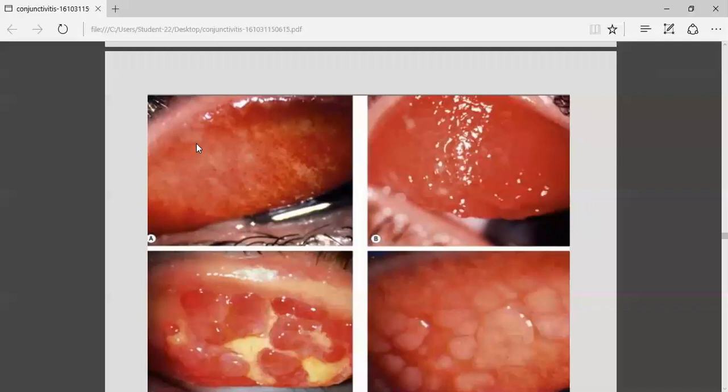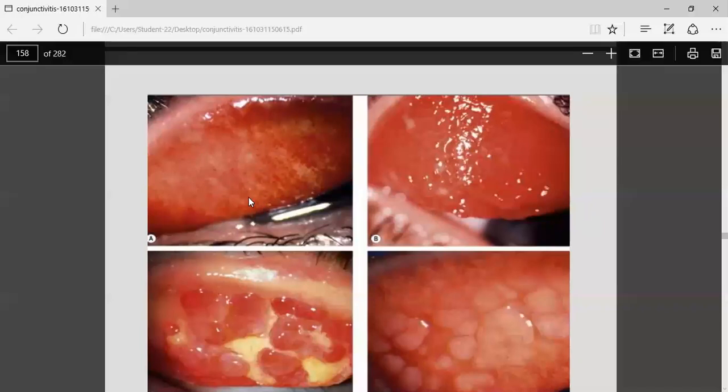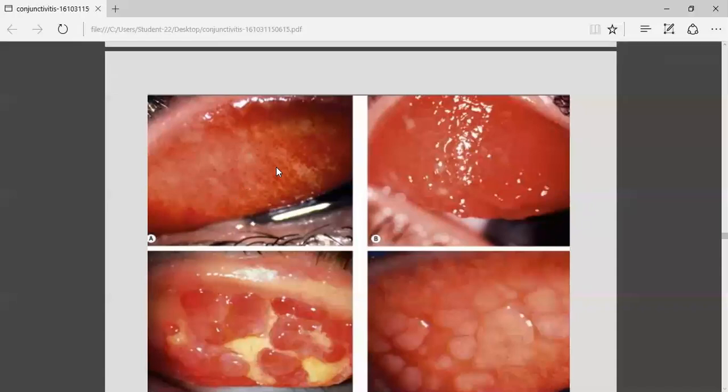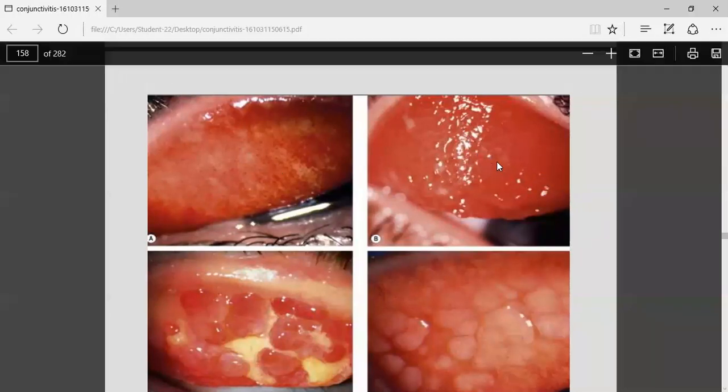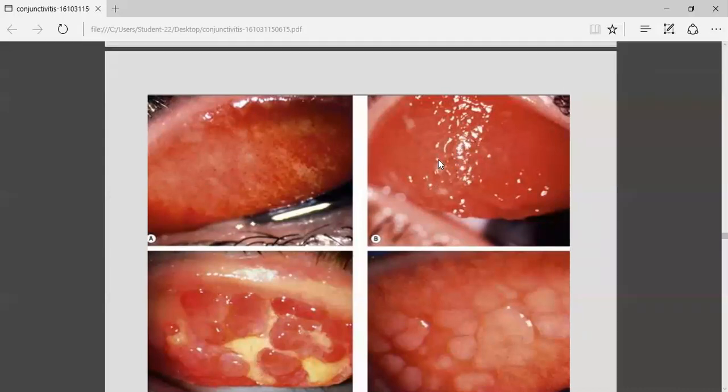In the first picture over here, yes, this arrow is showing you a diffuse papillary reaction, a mild type of VKC, or you can say the beginning stage of VKC. Now, in this second picture, you can see that this papillary reaction is getting hypertrophic. It is enlarging in size.